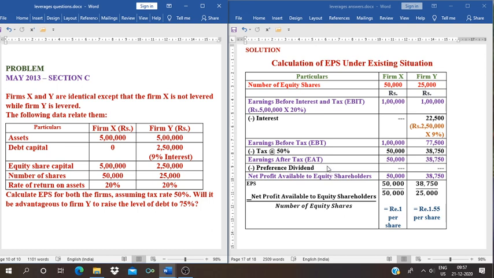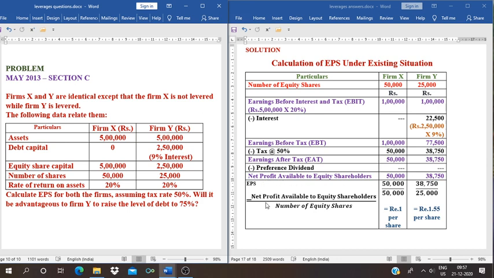Next, less preference dividend. In this problem there is no preference share capital, so preference dividend is not there, meaning it is nil. At the end, we get net profit available to equity shareholders, that is 50,000 and 38,750. Then EPS.